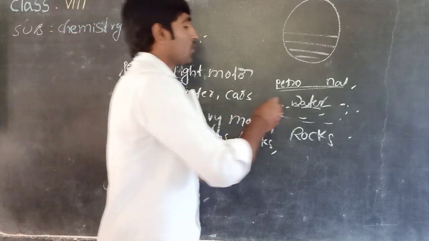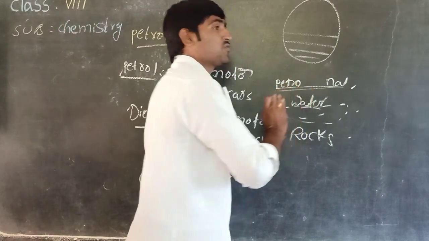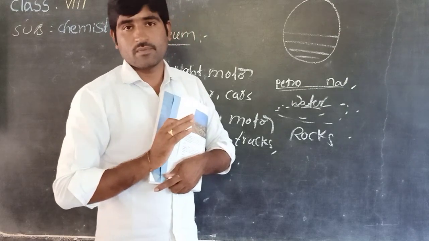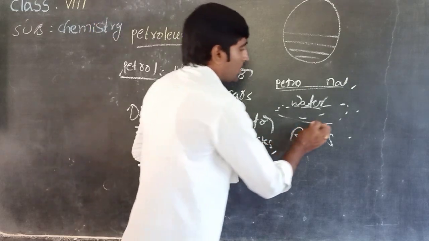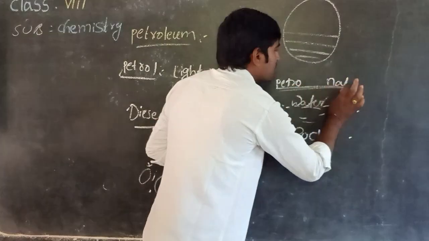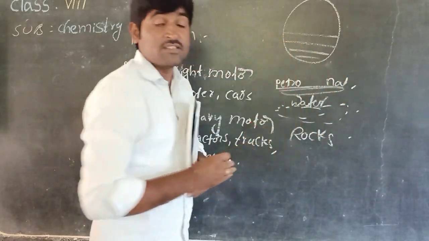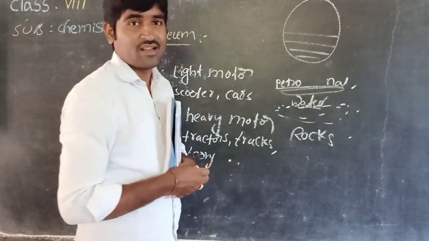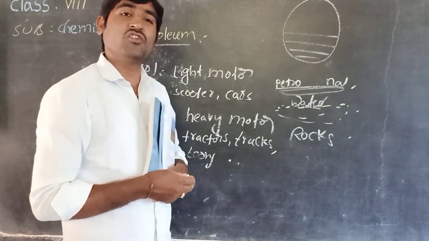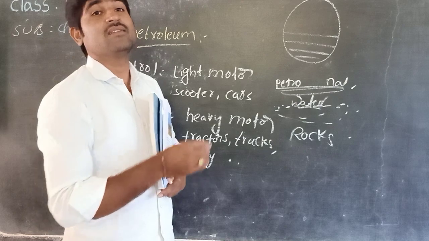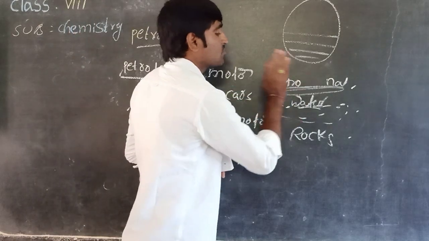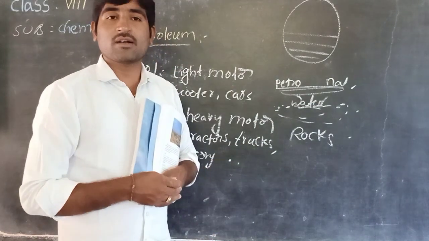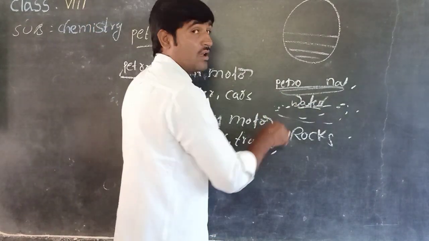Okay, children? Petroleum is always formed in the seas. The layers containing petroleum and natural gas are always present above the layer of water. Why is the layer of petroleum and natural gas always above the layer of water, and not at the bottom?